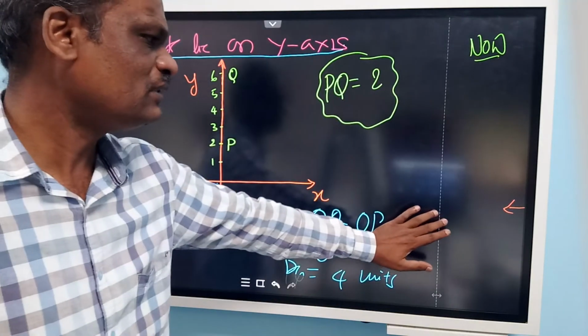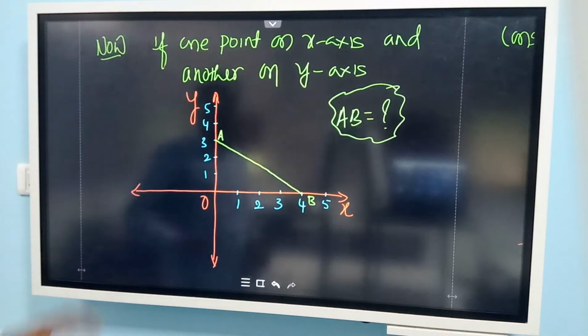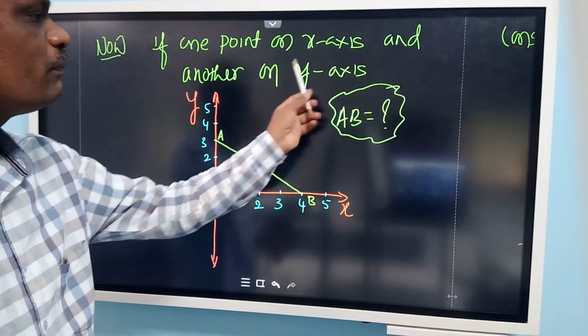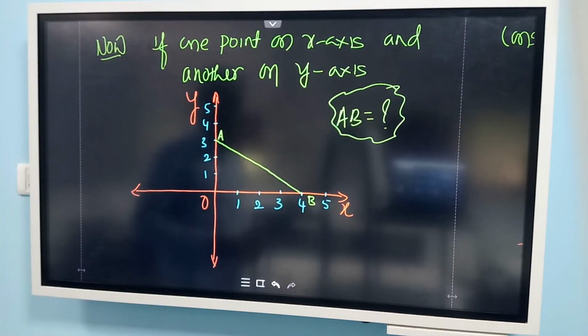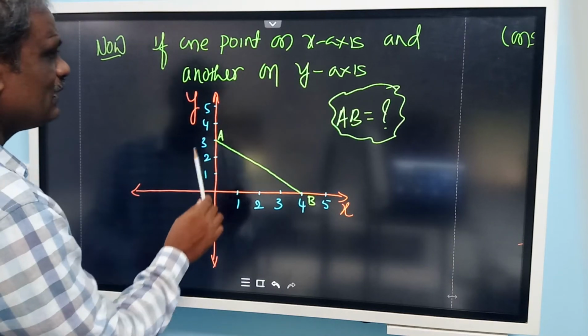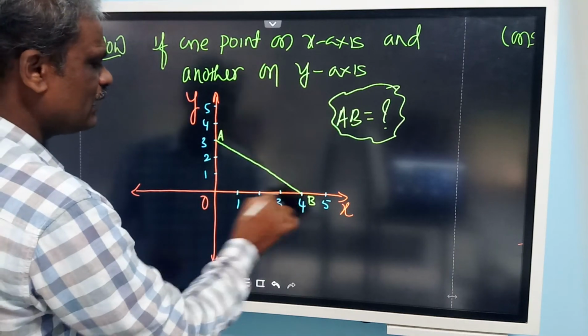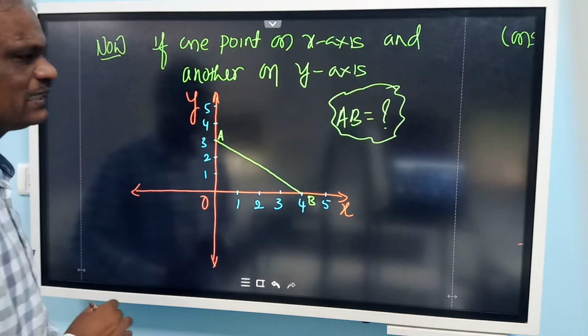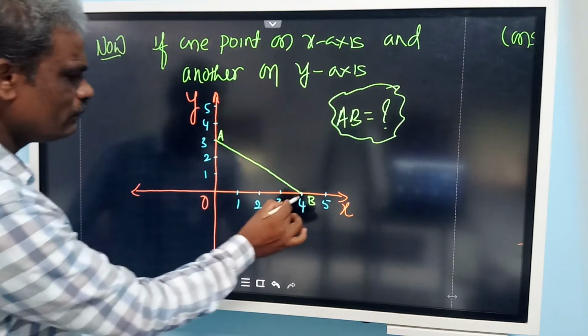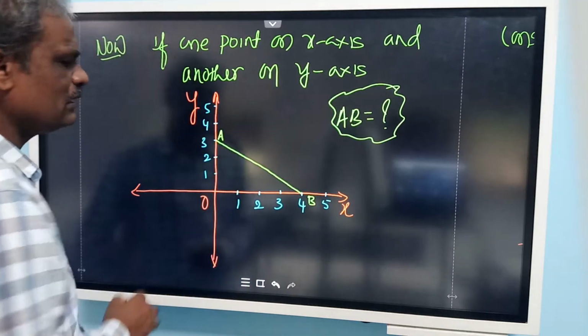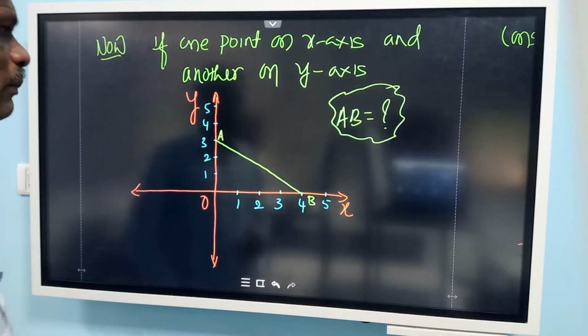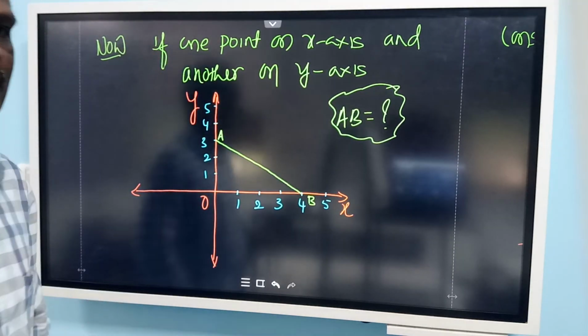Now let us go to another situation. If one point is on the x-axis, another point on the y-axis. This is the third situation. Point B on the x-axis, point A on the y-axis now. One point B on the x-axis, one point on the y-axis.